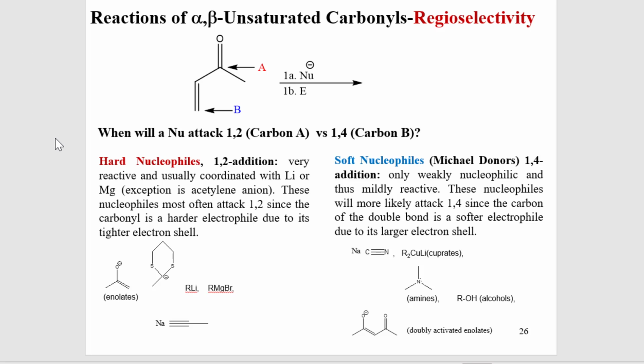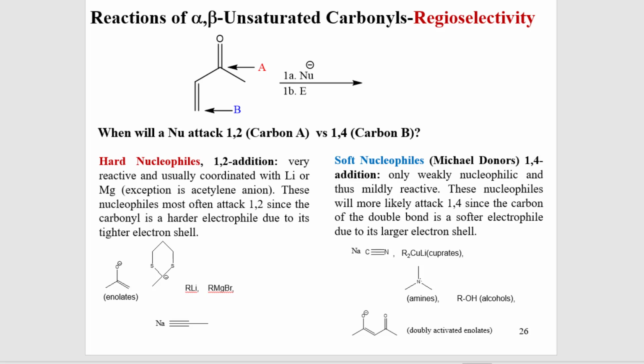Okay, so let's talk about this. How do I know when the nucleophile goes 1,2, that would be the A, or whether it goes 1,4, that would be attacking like B? So we've separated these into hard and soft nucleophiles. Like solubility, hard nucleophiles prefer hard electrophiles and soft nucleophiles prefer soft electrophiles. How do I know what's what?